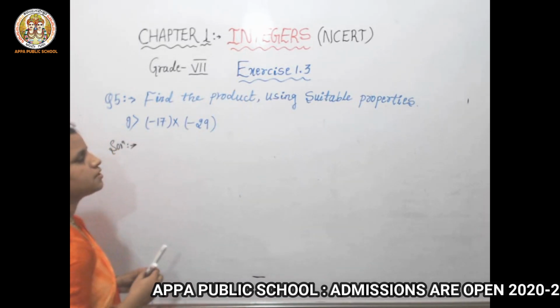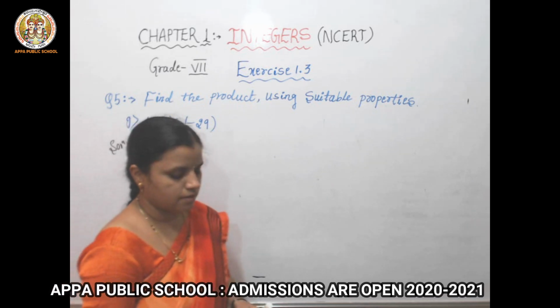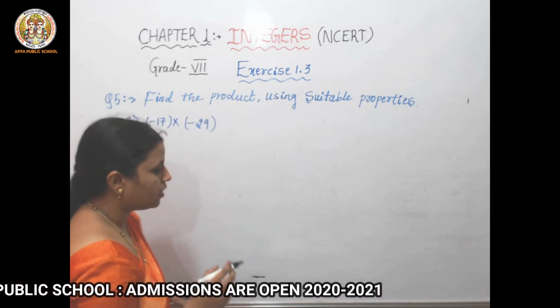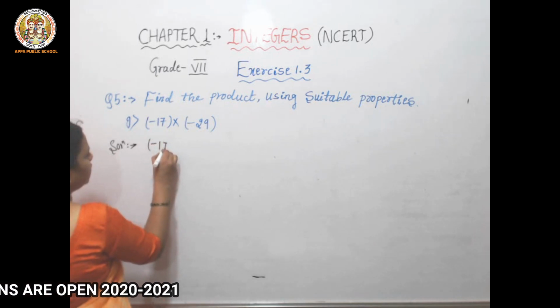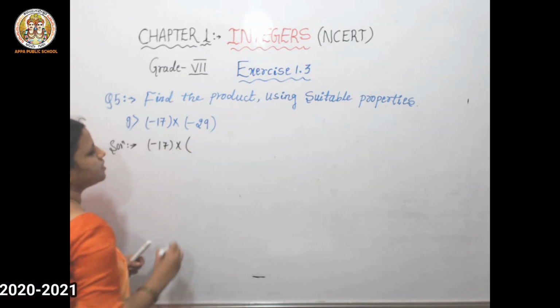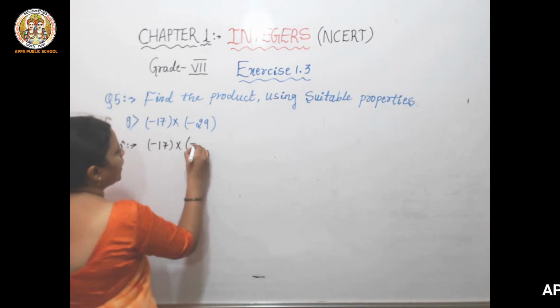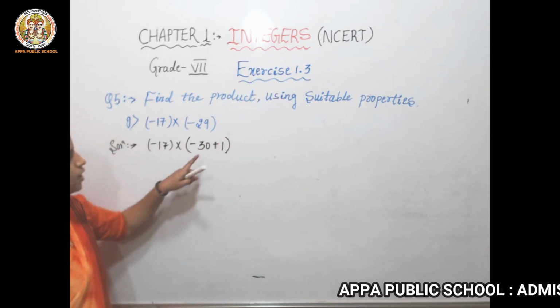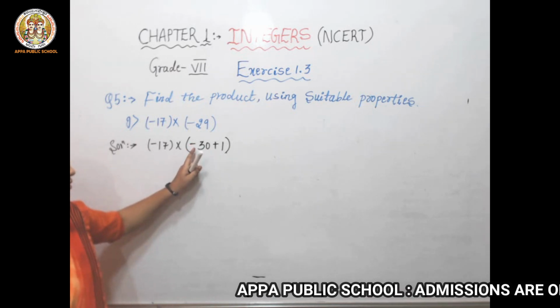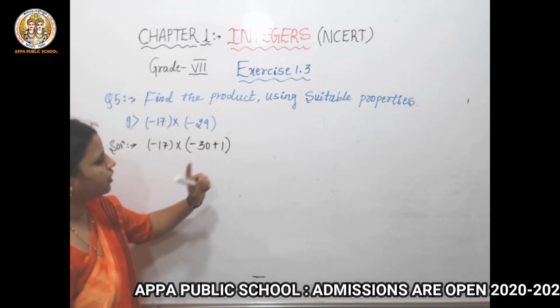So we will change this minus 29 as minus 30 plus 1. I will write this as minus 17 into minus 30 plus 1.